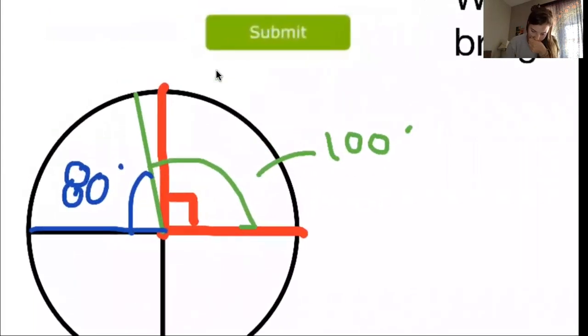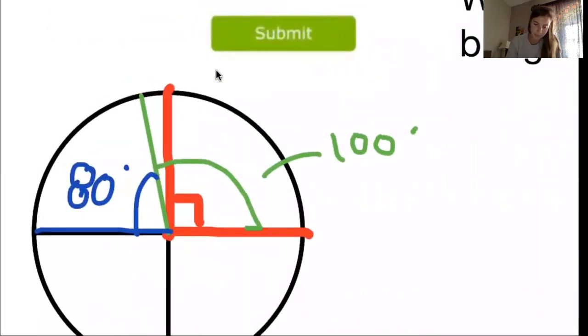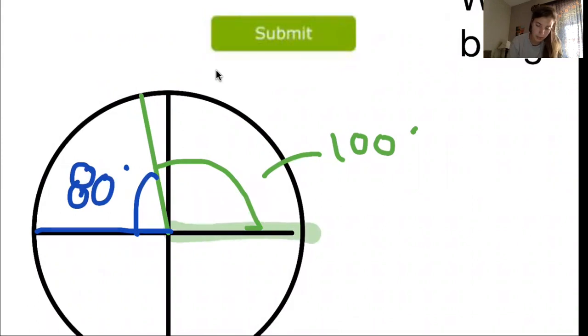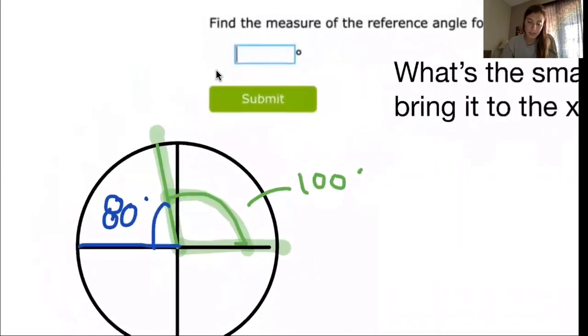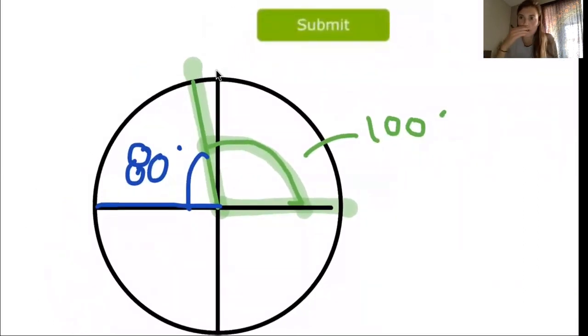So they say a 100-degree angle. I wrote this in green already. Look at the green angle. That's 100 degrees, right? If I started here, ended there, this whole thing is 100 degrees. Now the reference angle is the shortest way for me to get to the x-axis.